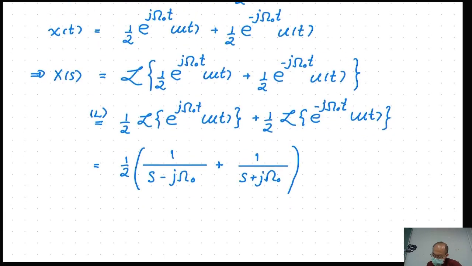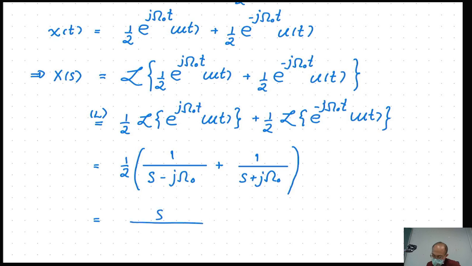And then you can do the algebra to get s over s squared plus omega 0 squared.